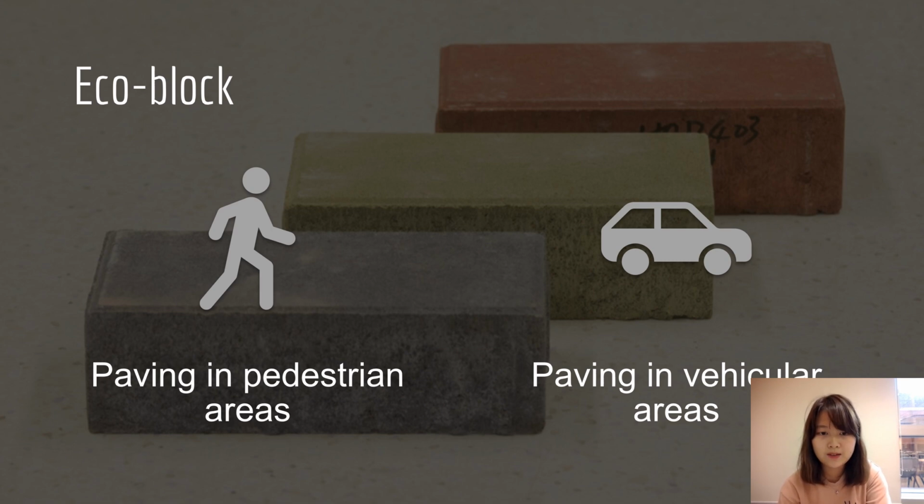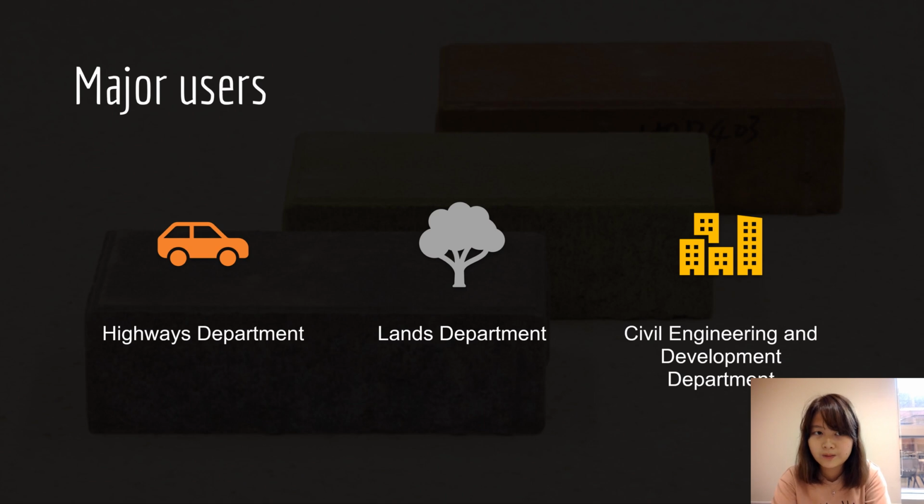Eco-blocks can be paved in pedestrian areas and also the vehicular areas. And major users nowadays are the Highways Department, Lands Department, and the Civil Engineering and Development Department, which are all from the government.